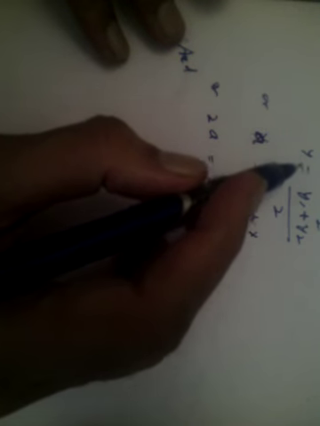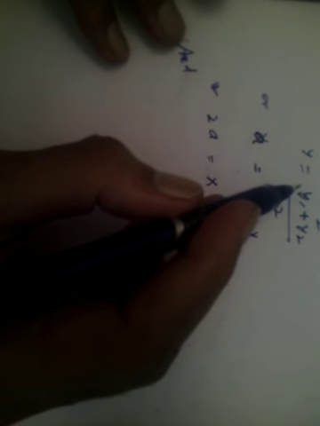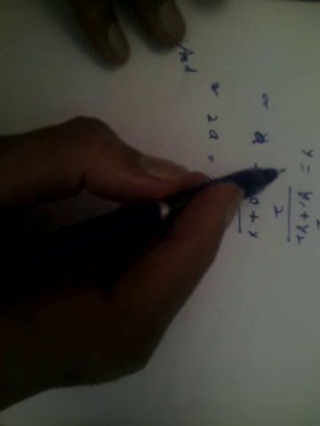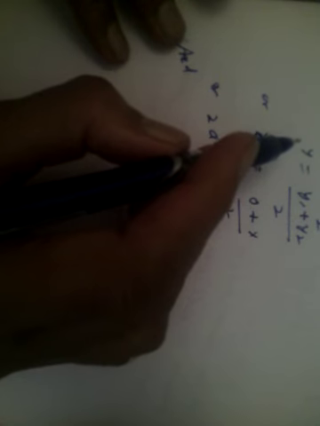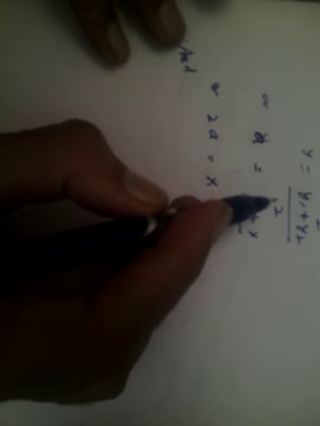The midpoint formula is x is equal to x1 plus x2 by 2, y is equal to y1 plus y2 by 2.